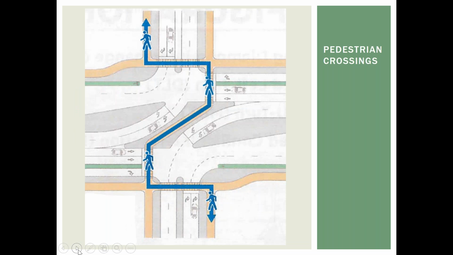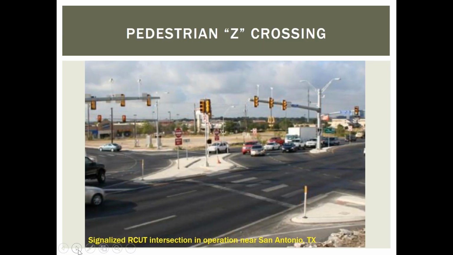So here is how the pedestrian would cross the major street at a signalized R-CUT. It is a Z type of crossing pattern. It's a little different than a traditional intersection, but that is typically the crossing pattern. It's this Z style.